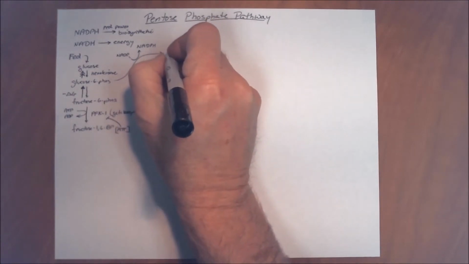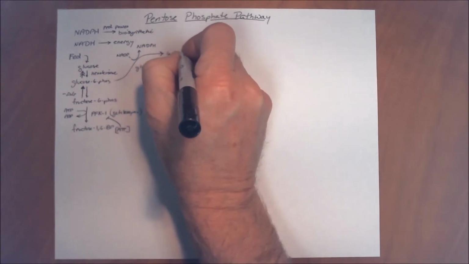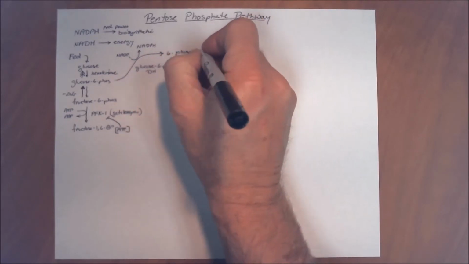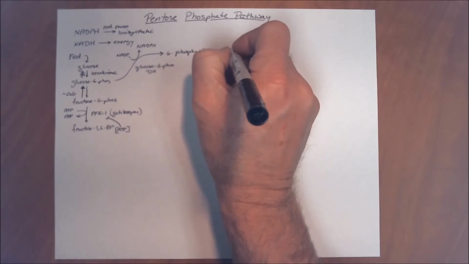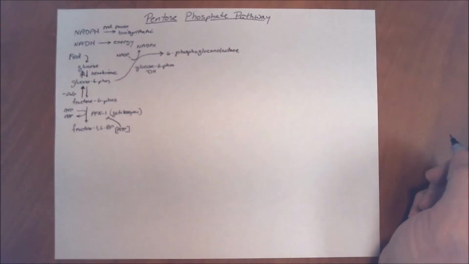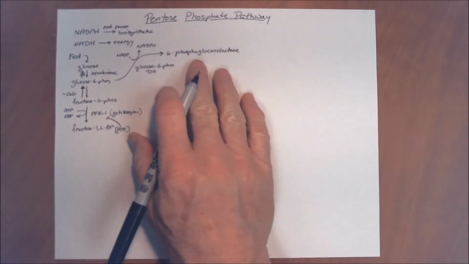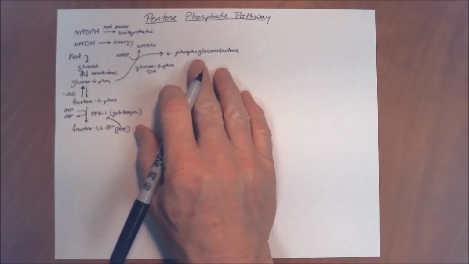The product is 6-phosphogluconolactone. This is one of the intermediates of the pentose phosphate pathway that are not exceptionally important.